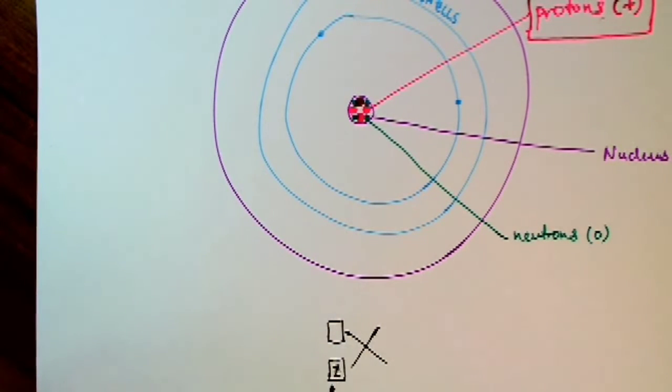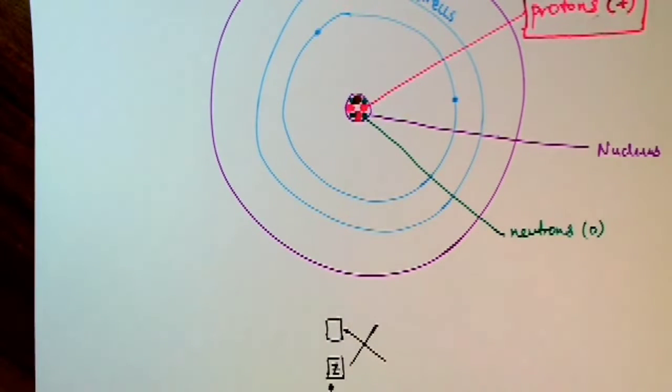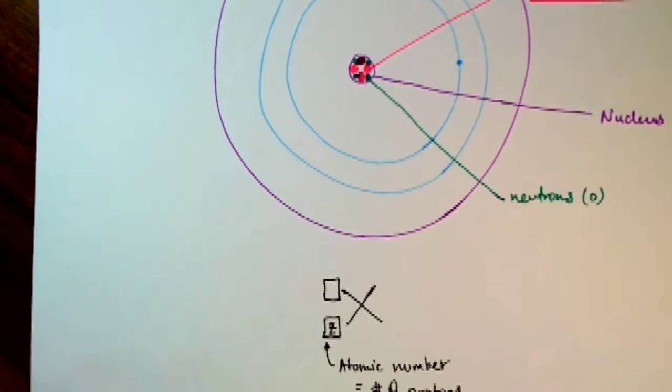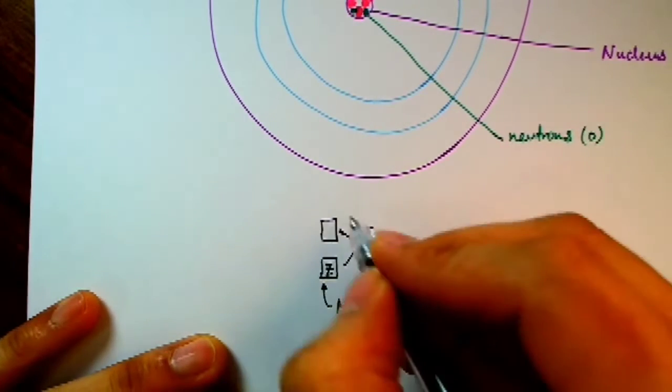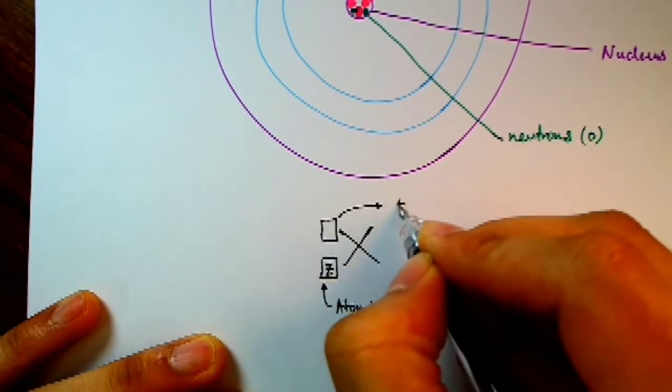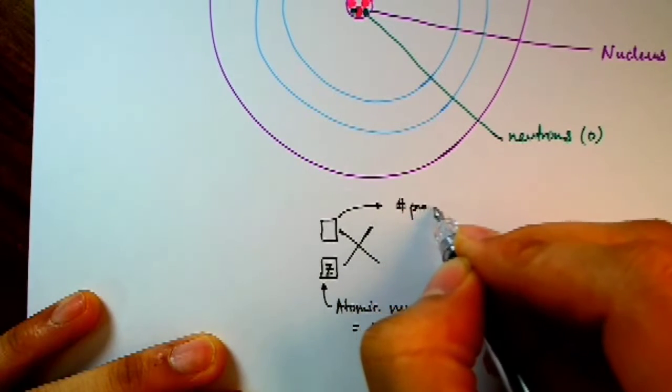Next, see here, I am writing another number, where I am representing atomic mass. Have you observed? Left hand side top corner, I am representing the atomic mass number.